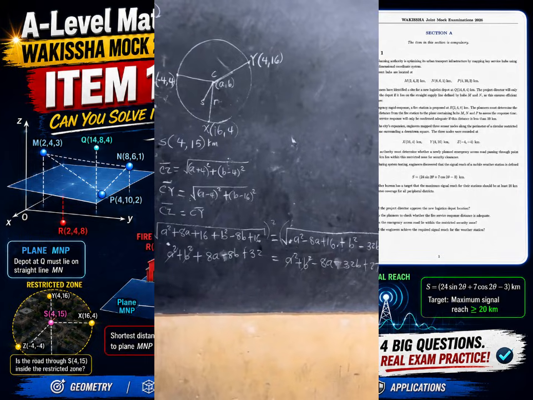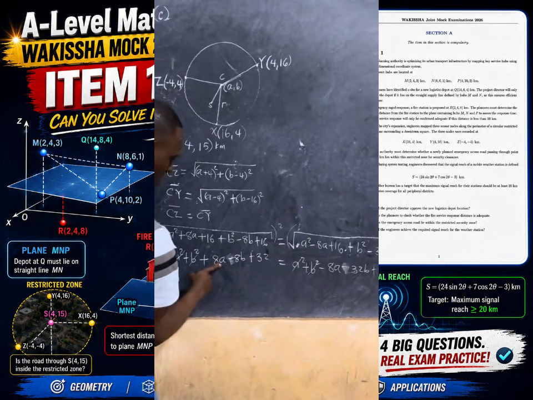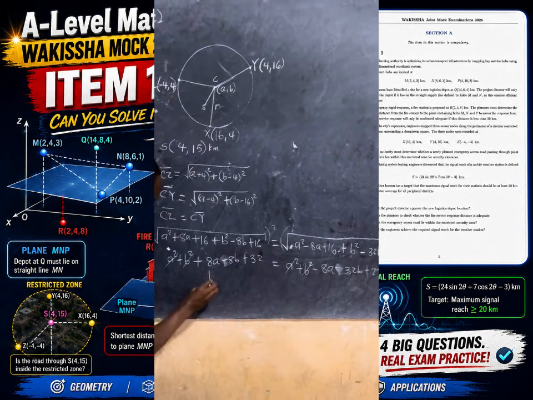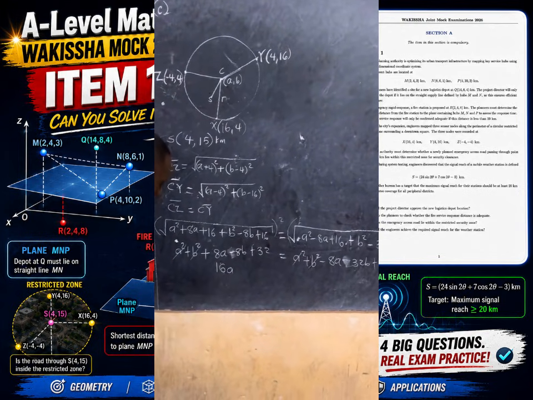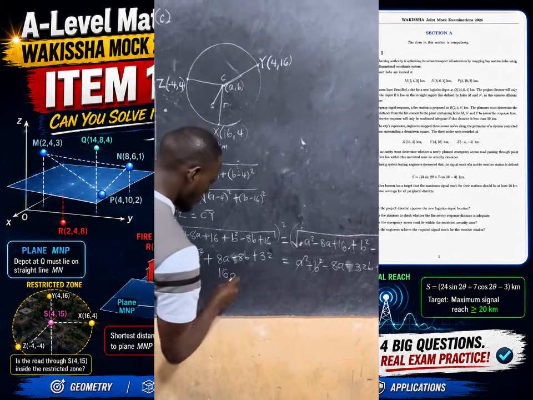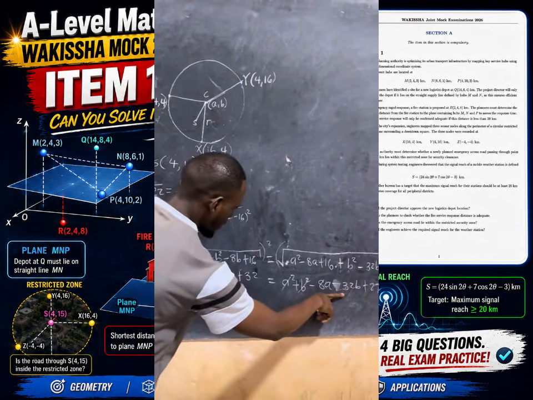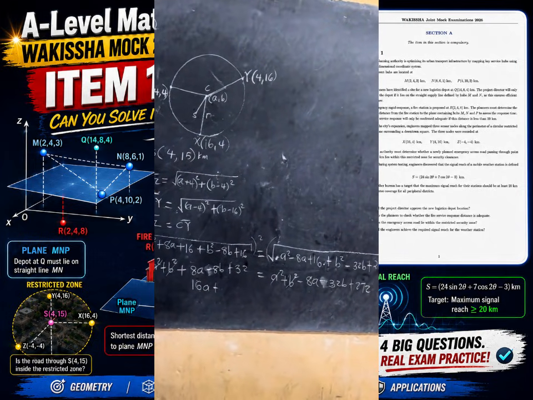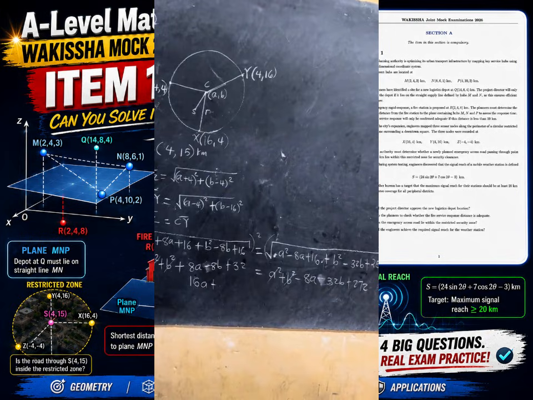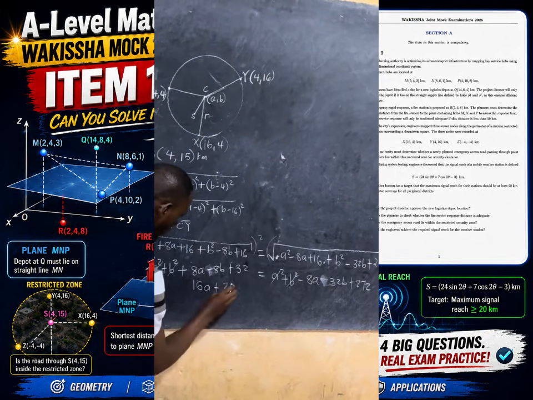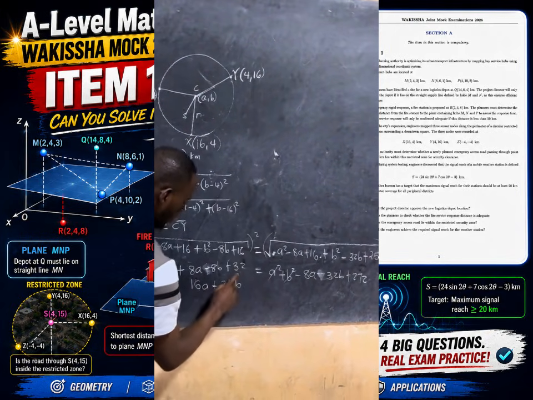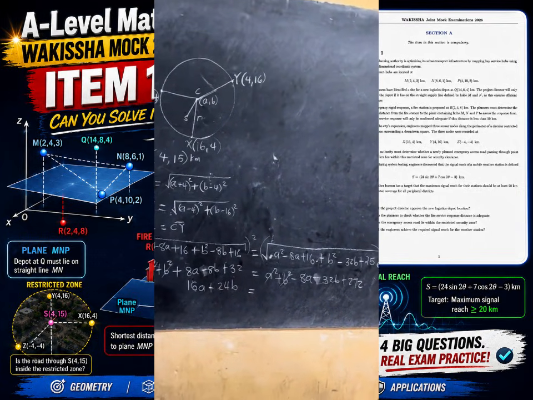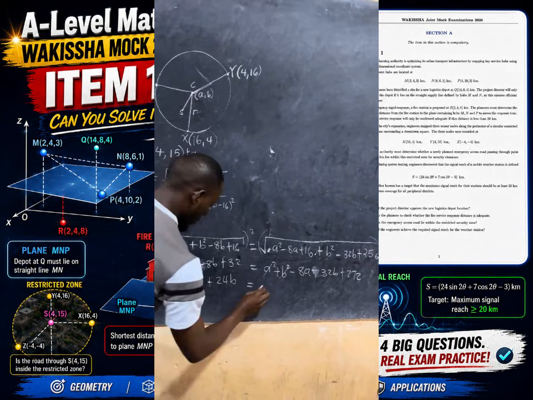Then I have this 8a; when it crosses, it's going to become 16a. Then plus a negative 32b; when it crosses, it becomes 32 minus 8, which is 24b. Then when the 32 goes the other side, I'll have 272 minus 32, and this is 240.